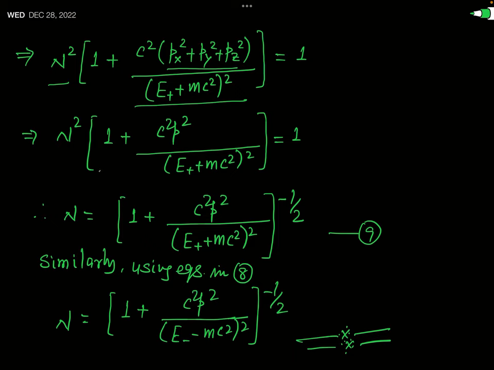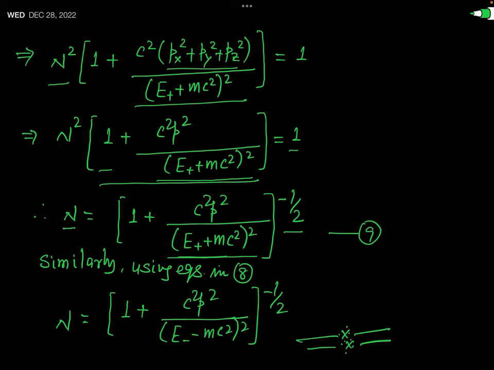So our result is n square times (1 plus c square p square over (E plus mc square) whole square), and that is equal to 1. From here you can see n will be equal to 1 over this much, square root. So n equals (1 plus c square p square over (E plus mc square) whole square) to the power minus half.